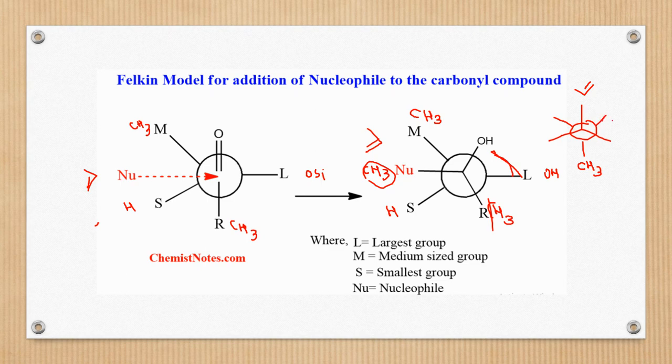Now you have to tell me what will be the substituent which will arrive here if methyl has to go. This is the methyl of this, so this is the large group basically. So you have to rotate this methyl. After rotating this methyl, what will happen? What will come at this side?